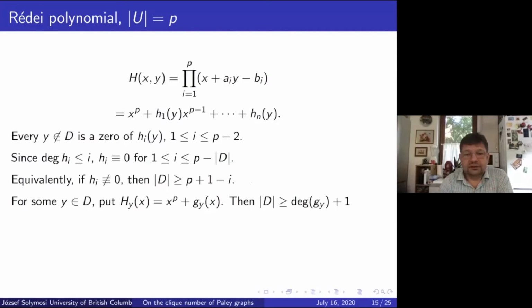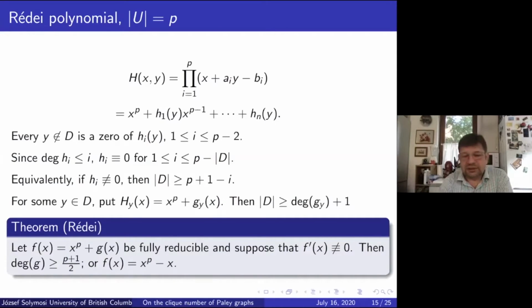Okay, so this is Rédei's theorem, and the conclusion is, if you understand the structure of such polynomials, then the number of directions is, oh, well, this is just about the polynomial. This is not the corollary. We won't actually use this theorem, but that's how he proved that the number of directions should be large.